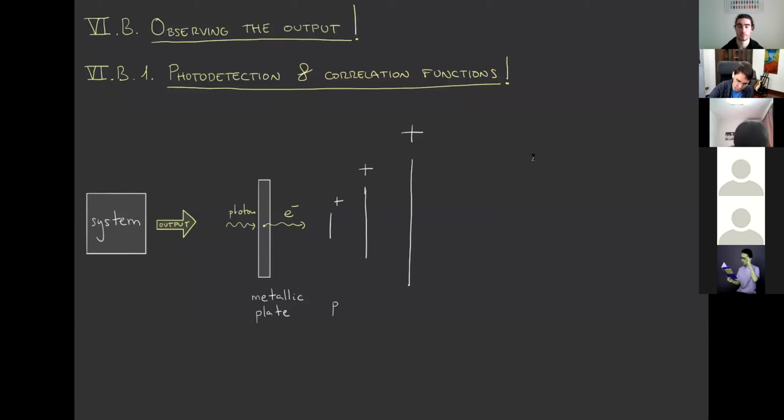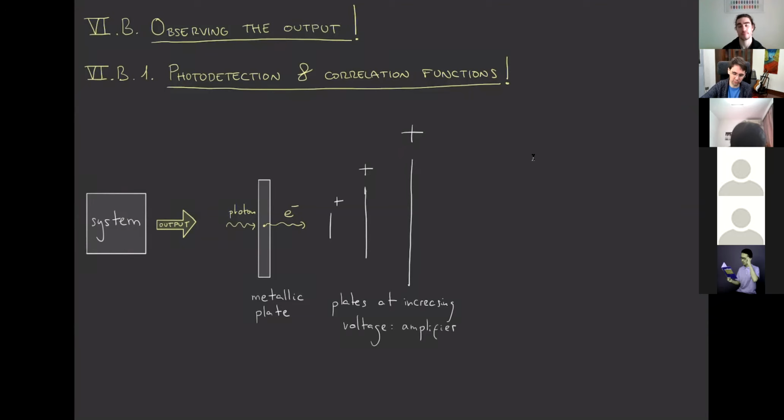So this is a stage with plates at increasing voltage, what we could call an amplifier. So this is a current amplifier.